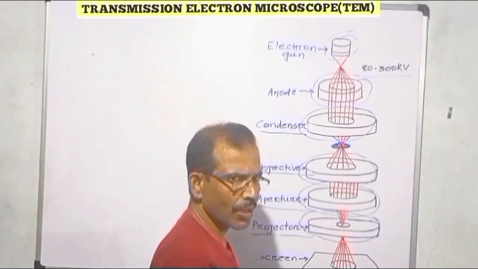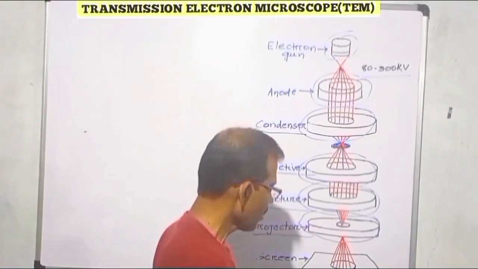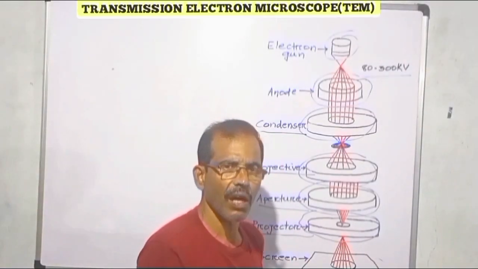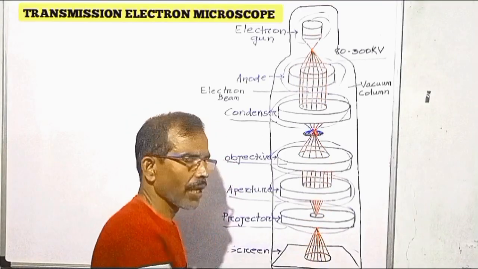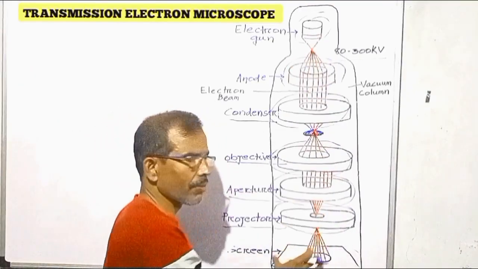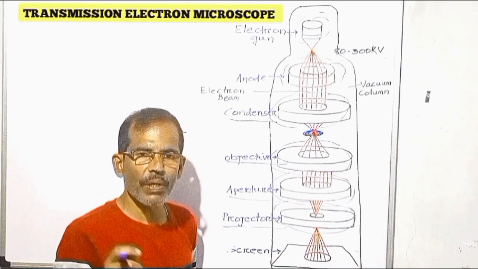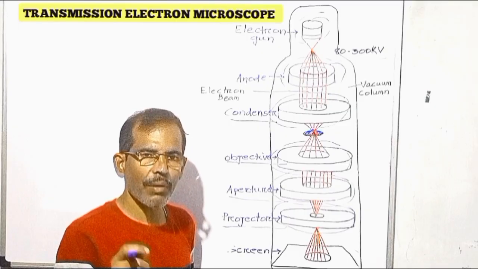In addition, other components of a TEM are a fluorescent screen and a suitable camera for recording the image. All these components are placed vertically in a vacuum column. Vacuum condition is necessary to prevent collision between electrons and air molecules.